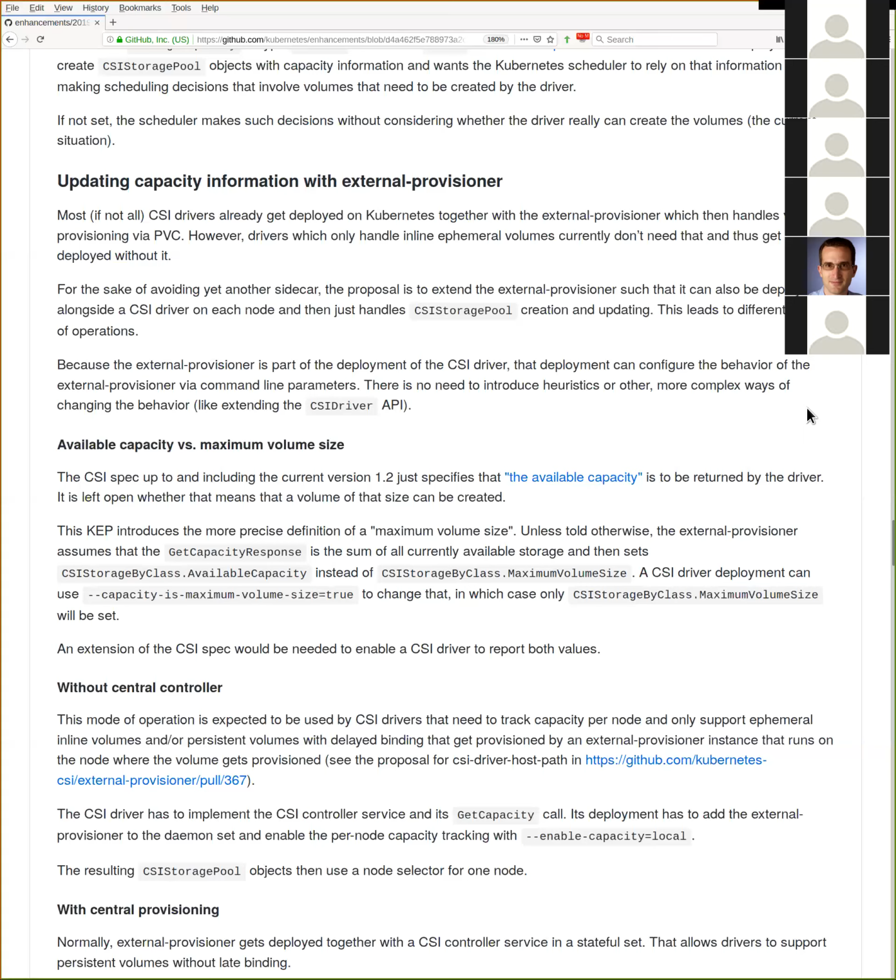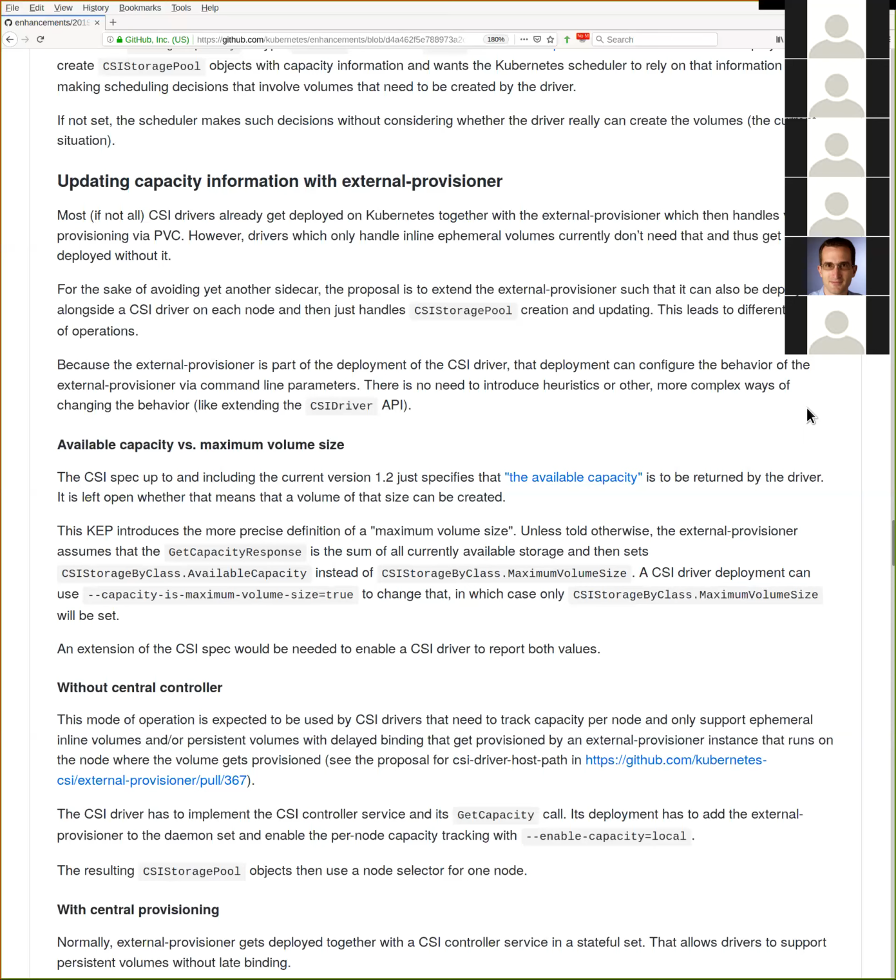So theoretically, yes, you can iterate through every storage class per topology. But then you don't know whether that is the same pool. So it sounds like we need a storage pool concept in the CSI spec. Yes, that's correct. For the general solution, yes.